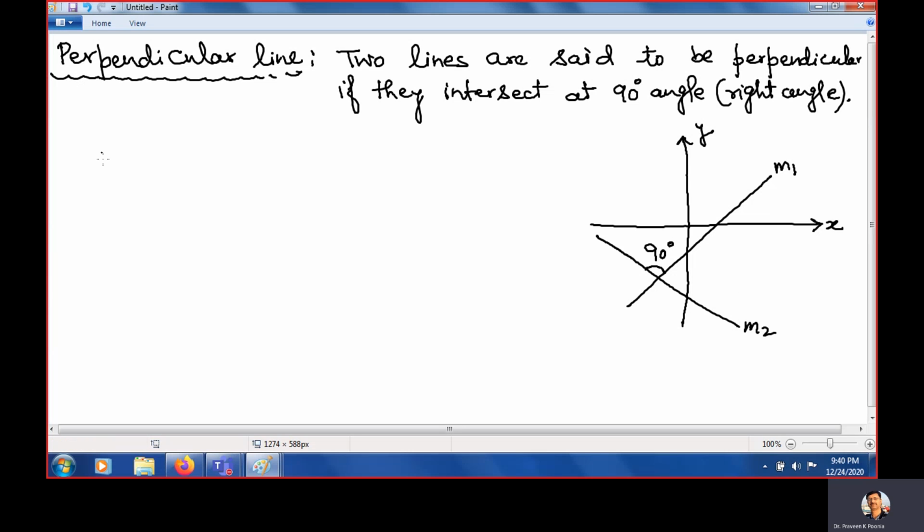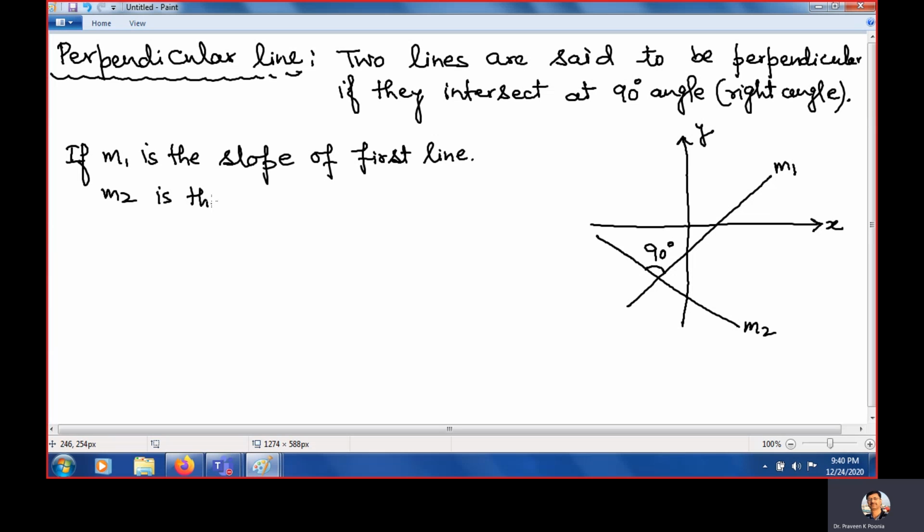And a very important condition is there. If M1 is the slope of the first line, M2 is the slope of the second line, clear?